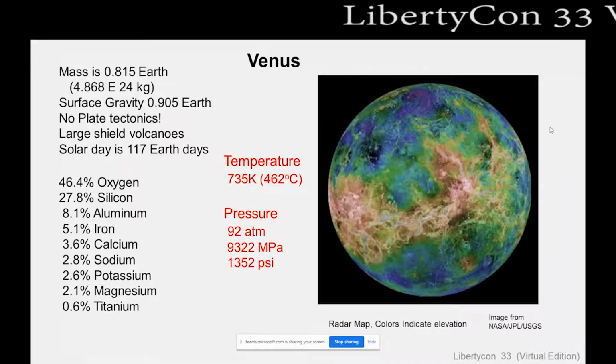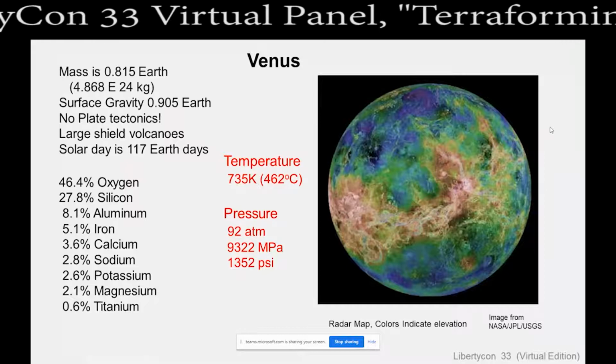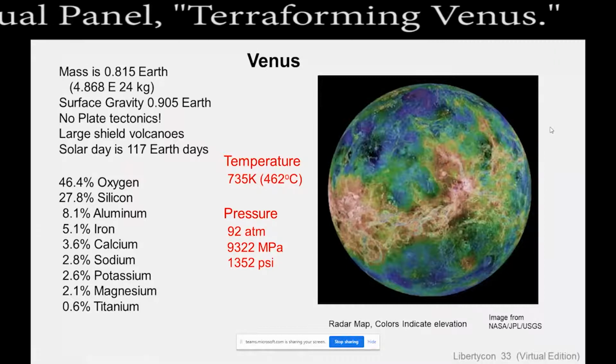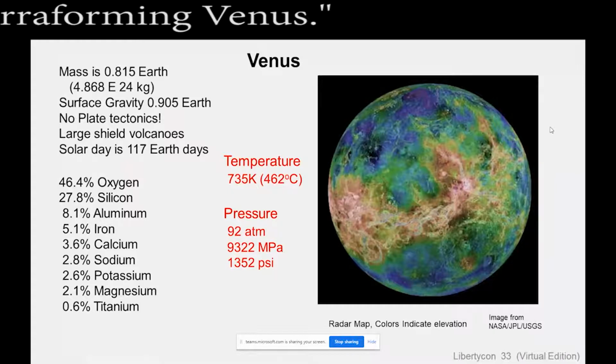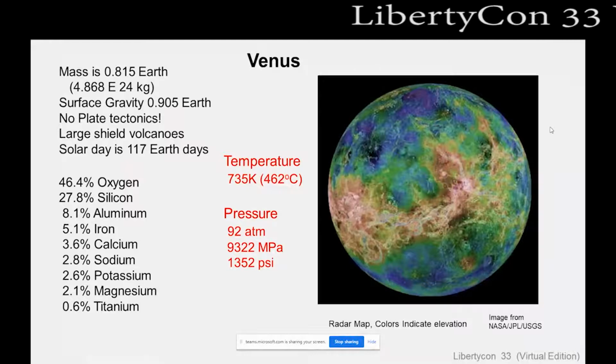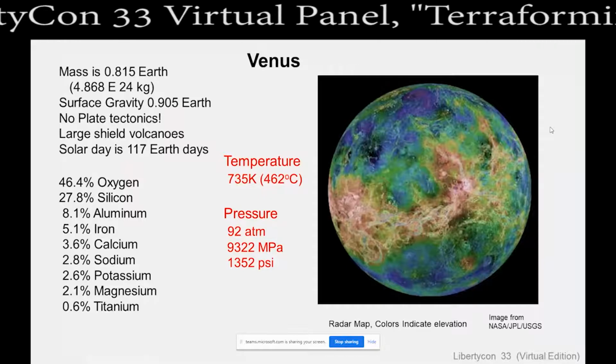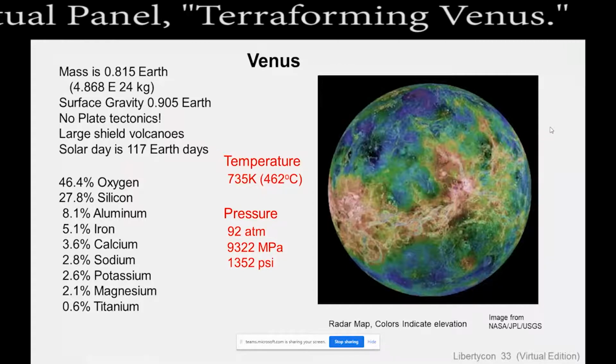Here's again some more data on Venus. One thing to keep in mind is it has no plate tectonics. Plate tectonics is a result of a molten core and a crust which is not solid. The crust on Venus is completely frozen. It doesn't move.